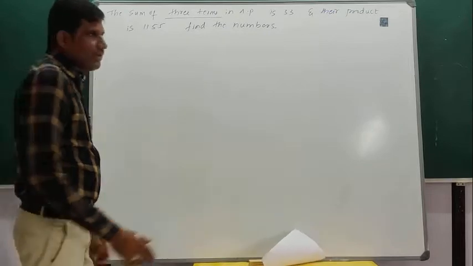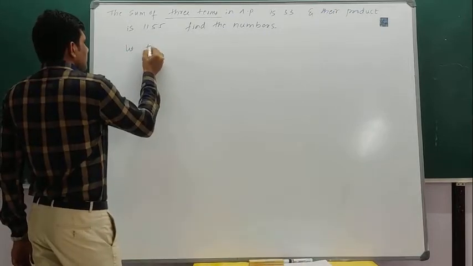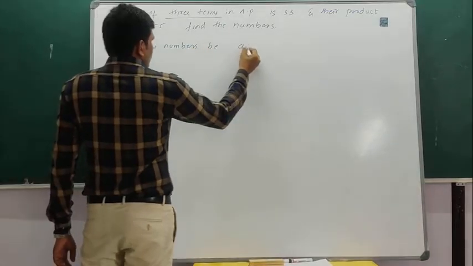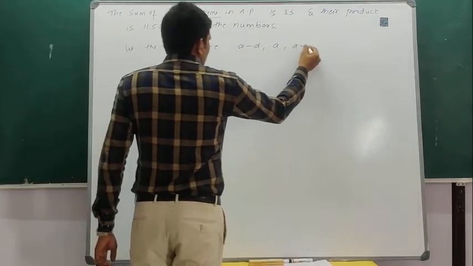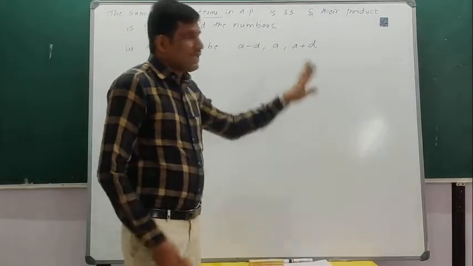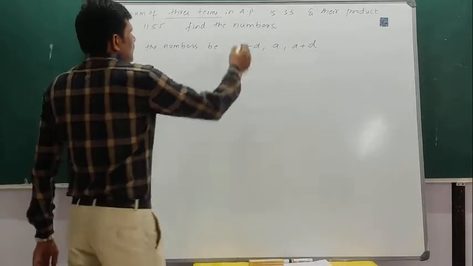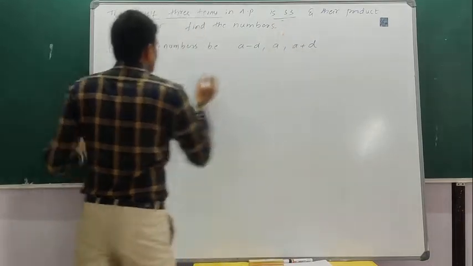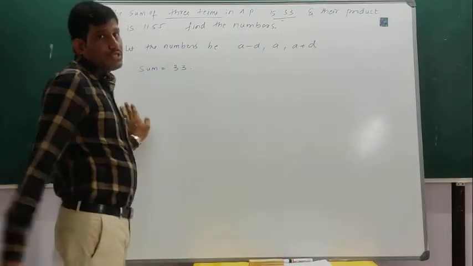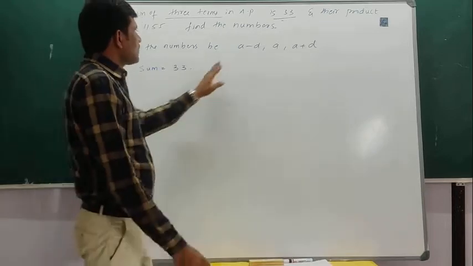When three terms are given, we'll take, let the numbers be, already I told you, a minus d, a, a plus d. So whose sum is how much? Sum is 33. So what is the sum of three numbers?